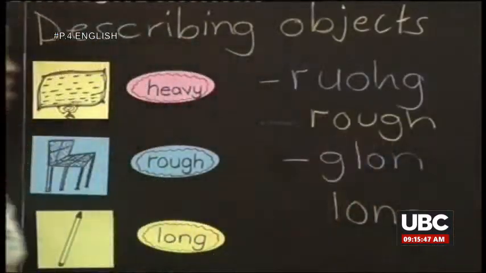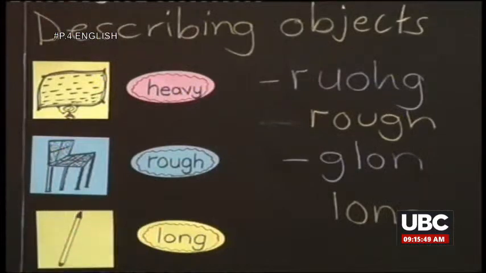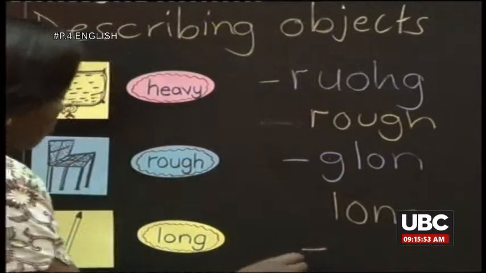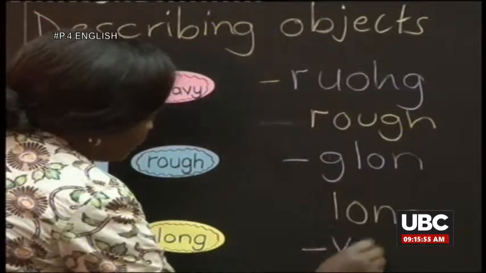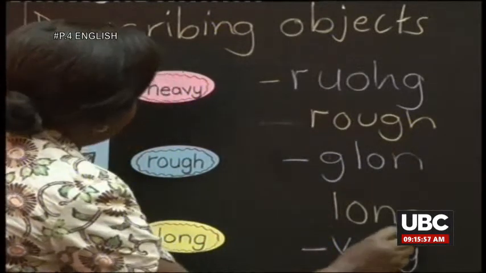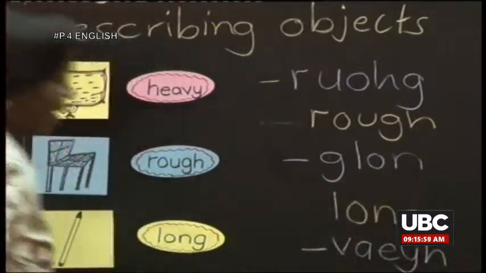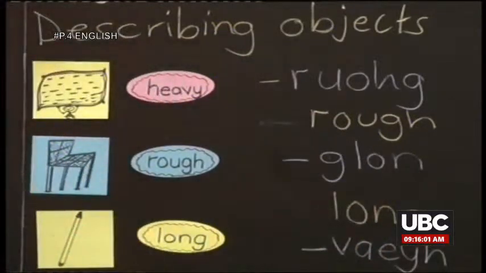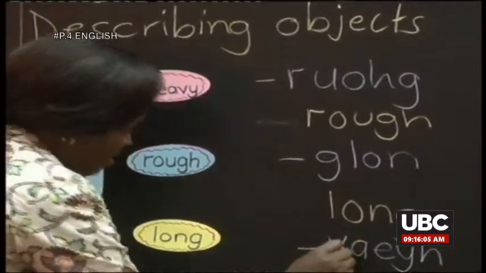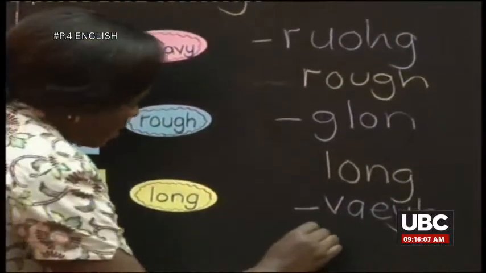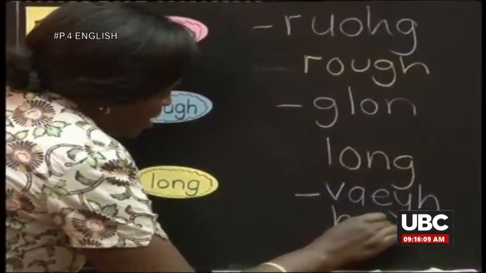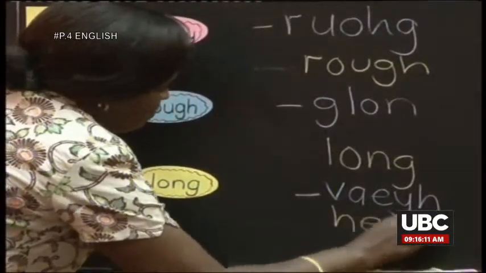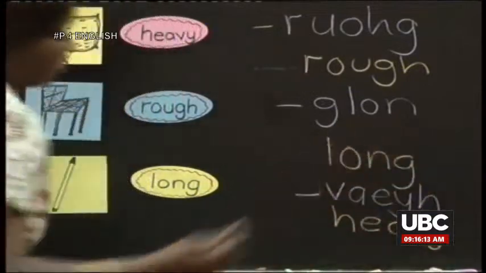We are learning the spelling of our adjective words. Let's get another word. Which word is the teacher trying to spell? The teacher is trying to spell the word heavy. Heavy, which begins with the letter H, E, A, V, and Y.